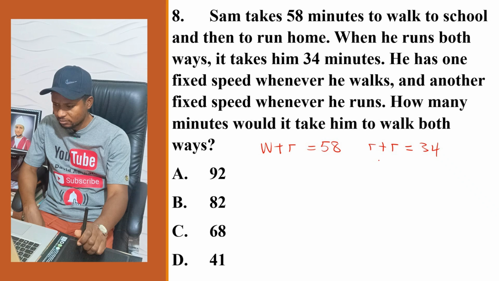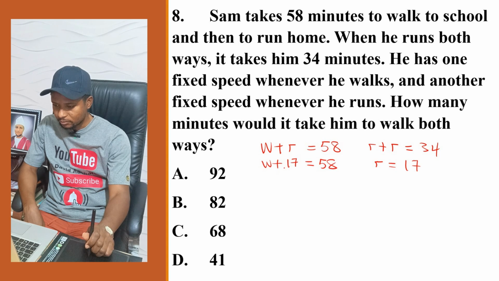So therefore, R can only be 17, because 17 plus 17 will give you 34. And if R is 17, it is very easy to get the minutes that you walked. So that will give you 58 minus 17, which is 41.